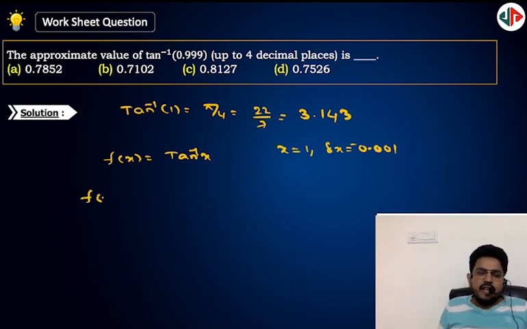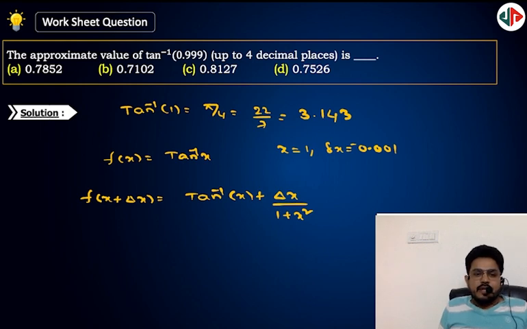So f of x plus delta x is equal to f of x, that is tan inverse of x, plus delta x into derivative of tan inverse x is 1 by 1 plus x square. So this is equal to 3.143 plus delta, I need to write the minus sign, right? So minus 0.001 by 1 plus x square is 2.